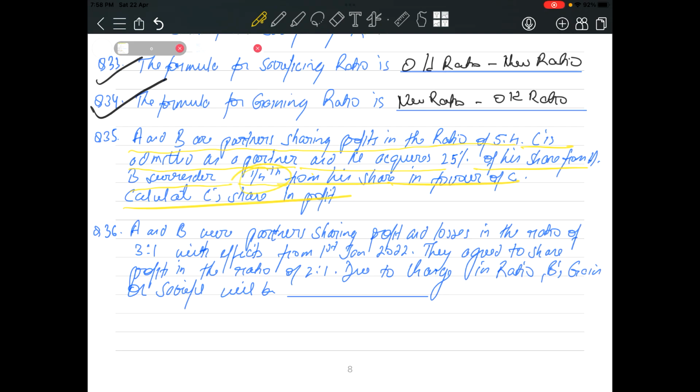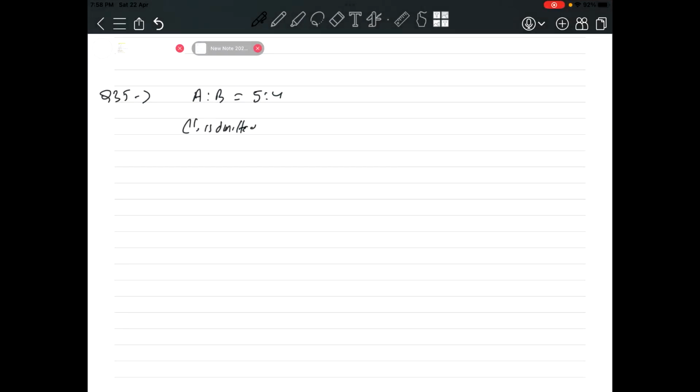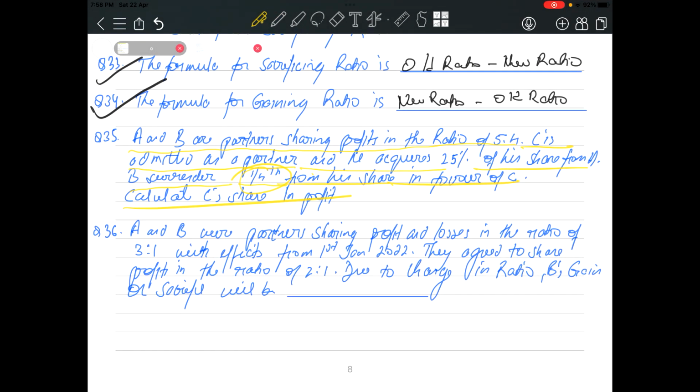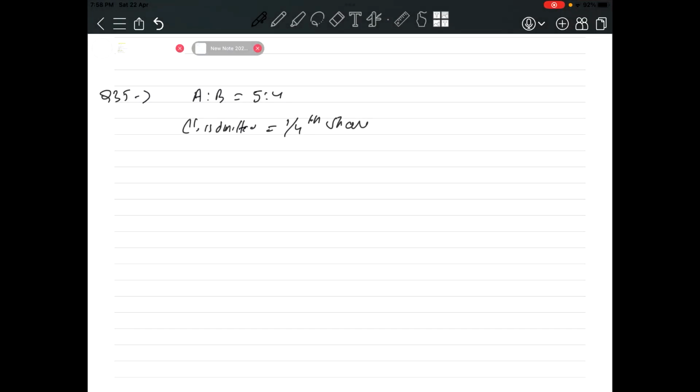For 1/4 share. Now he acquires 25% of his share from A. So what is A's sacrifice? A's sacrifice is 25% of his share.